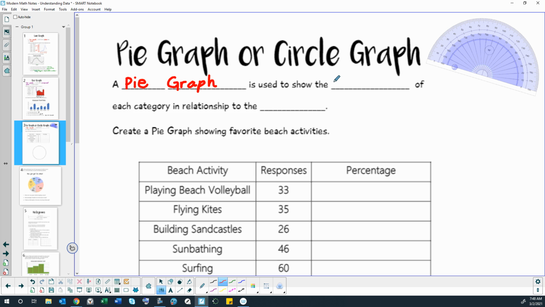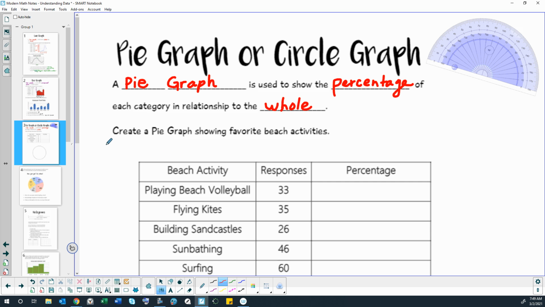It's used to show the percentage of each category in relationship to the whole. So you have to actually find the total of everything and then use your numbers with your total to find the percentage.